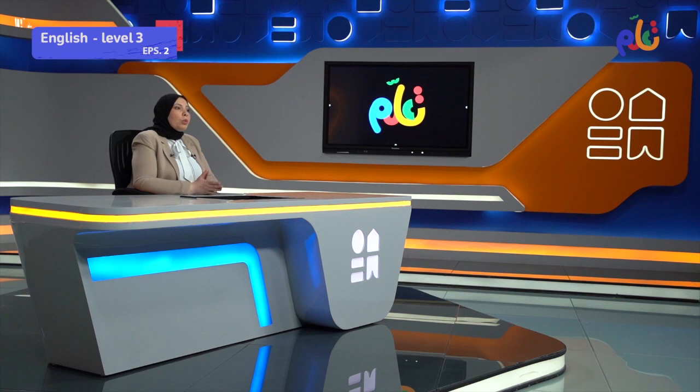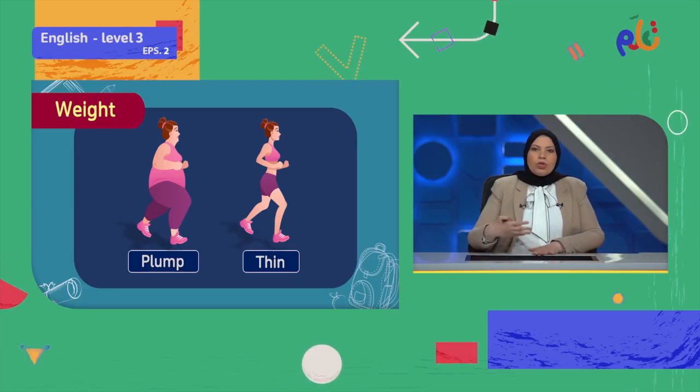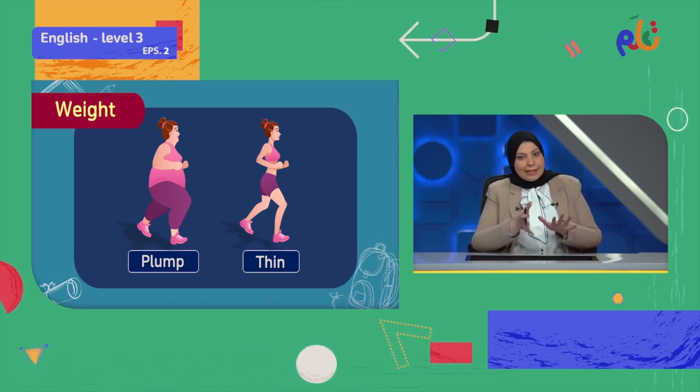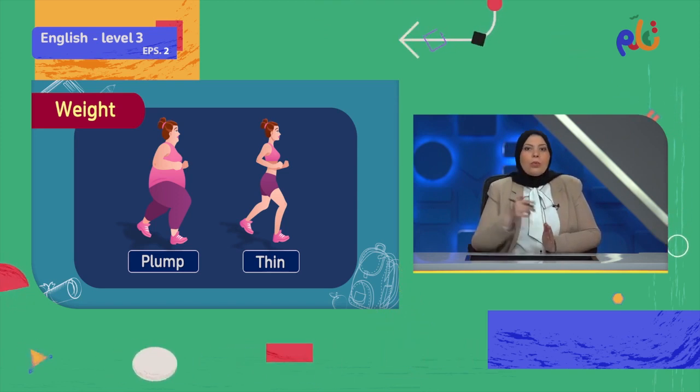So when we're describing people, we usually use nice words. What are the nice words that we can use? I can use something like slim instead of thin. We don't usually use thin to describe people. We try to avoid it and we say slim, which is the same meaning with a nicer word.